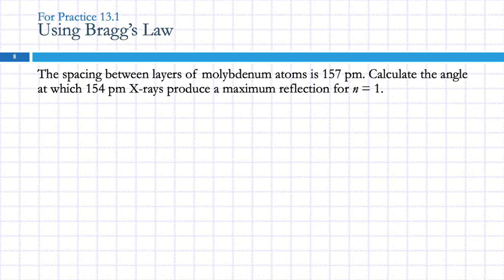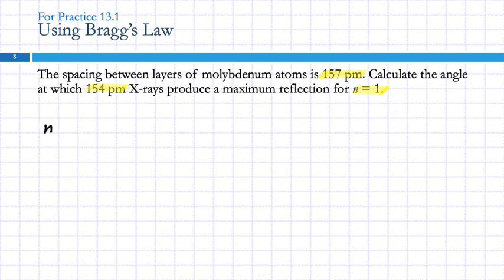So let's do a little Bragg's law calculation. The spacing between layers of molybdenum atoms is 157 picometers. Calculate the angle at which 154 picometer X-rays produce a maximum reflection for n equals 1. So we've got a distance, a wavelength, and n.